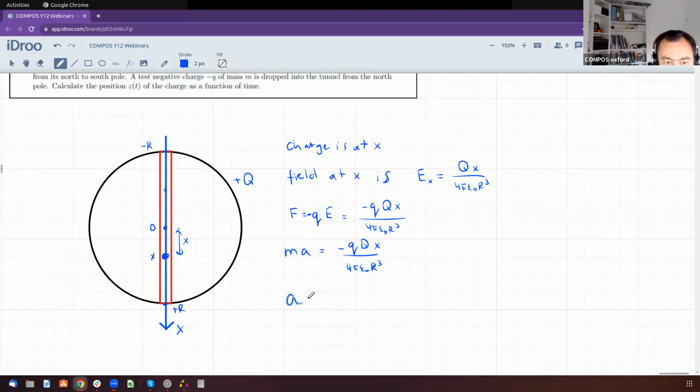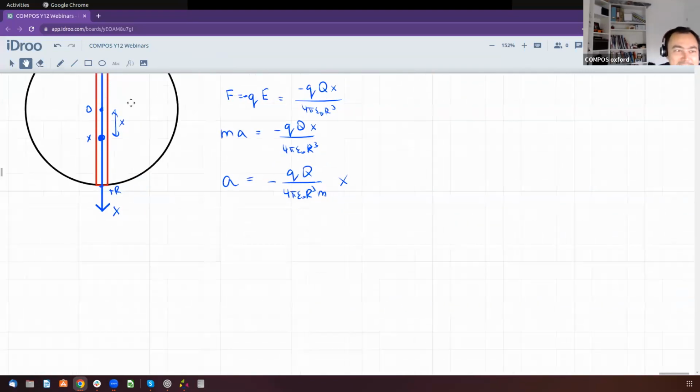So acceleration is minus Q Q over 4 pi epsilon naught R cubed M multiplied by x. And this is a differential equation because acceleration is x double dot.